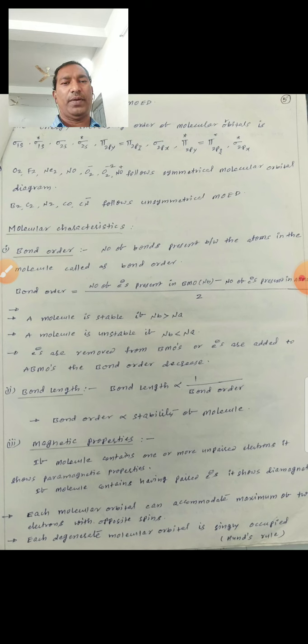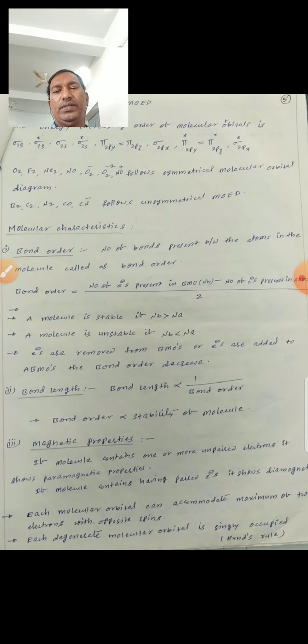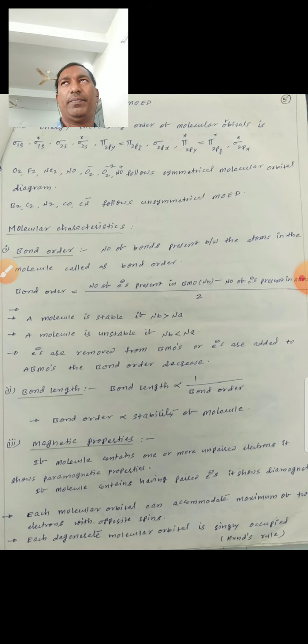Okay, then bond length decreases. So next, magnetic property. If the molecule contains one or more unpaired electrons, it shows paramagnetic property. If the molecule has paired electrons, it shows diamagnetic property.